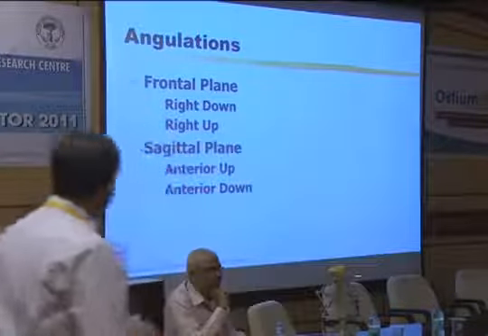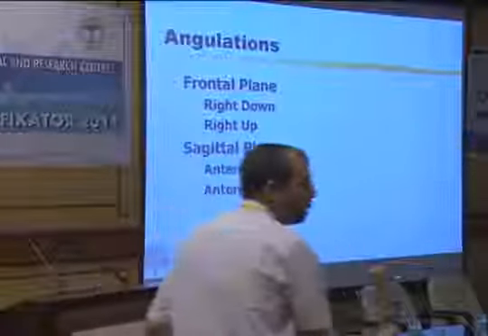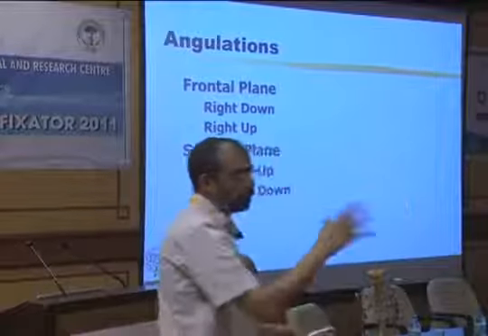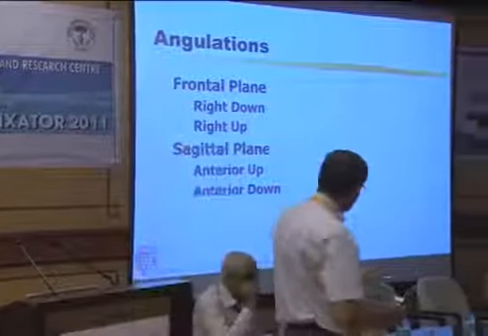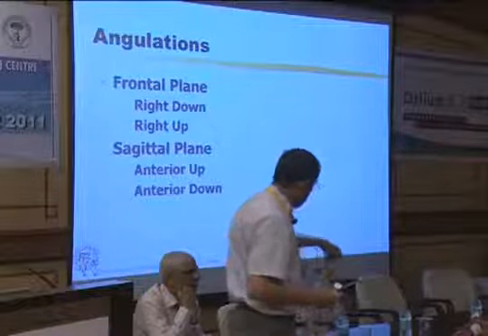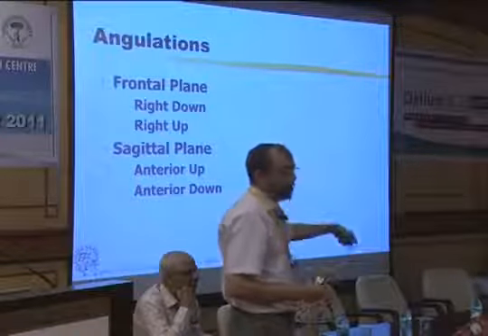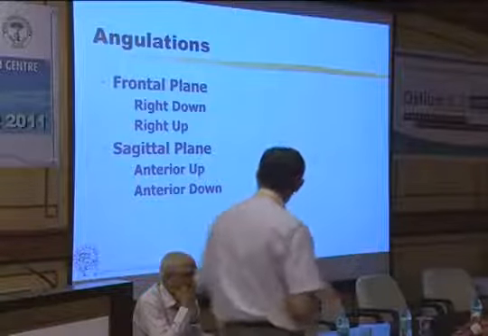Down, right? So in the frontal plane, you can either do a right down or a right up, depending on what the deformity is. And in the sagittal plane, you can do an anterior up, anterior down. That's the term that we use to describe it.